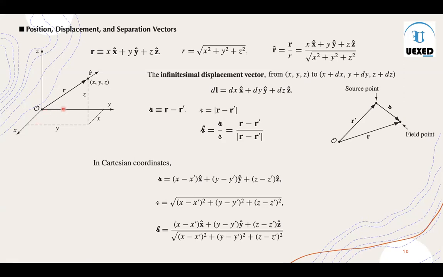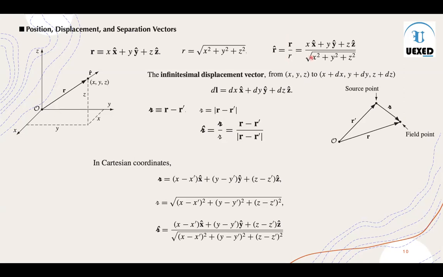Similarly, in y direction you have a y cap, and in z direction you have a z cap. But since it is a vector, in the direction coinciding with the position vector r there is a unit vector associated with it, and that can be defined very easily by having the r vector divided by the magnitude of this r vector.